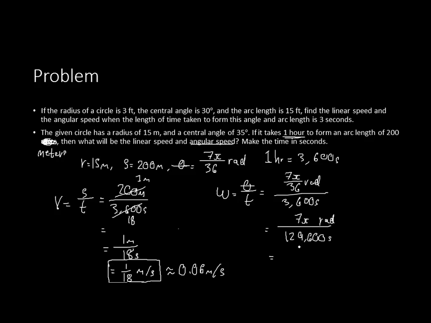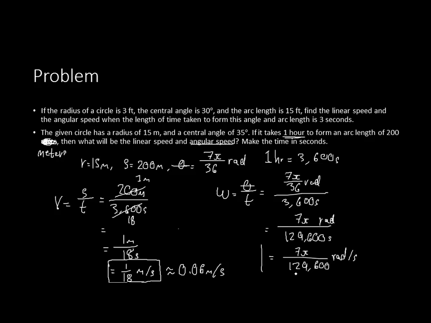I don't know if 129,600 is divisible by 7. Nope, it's not. So exactly, your final answer is 7 pi over 129,600 radians per second.